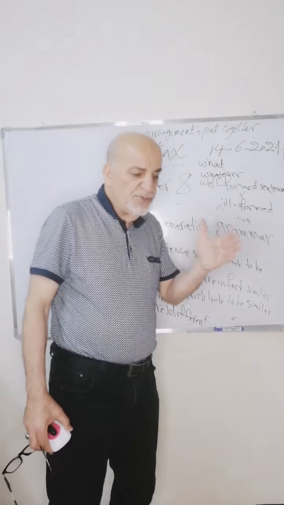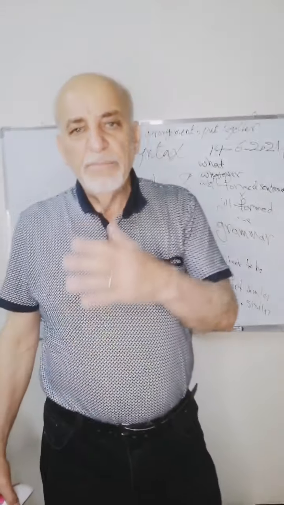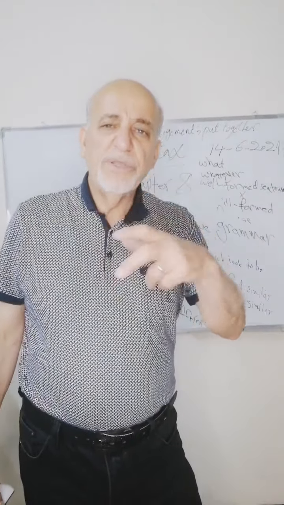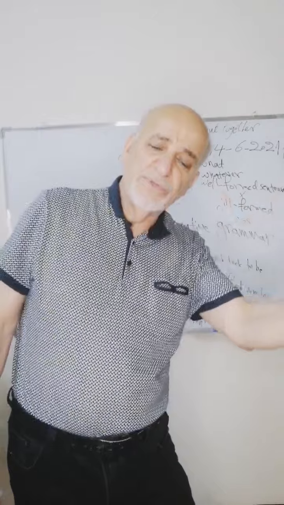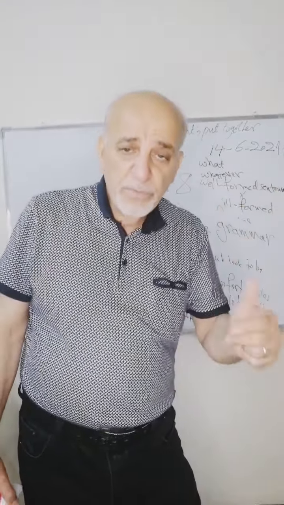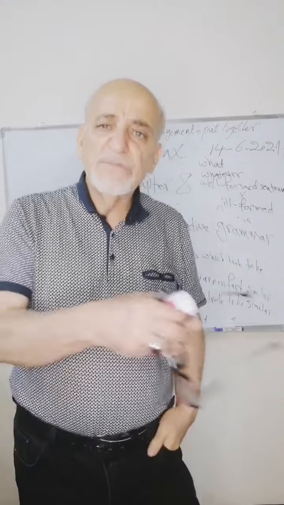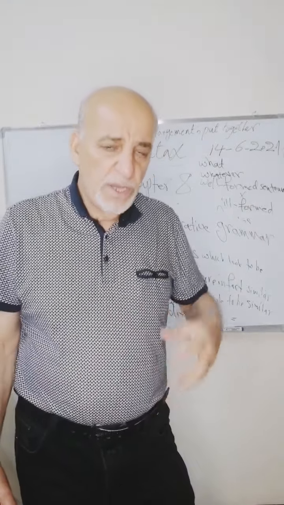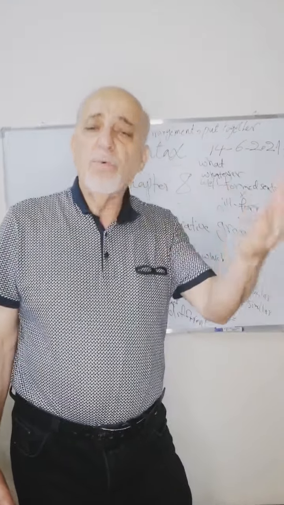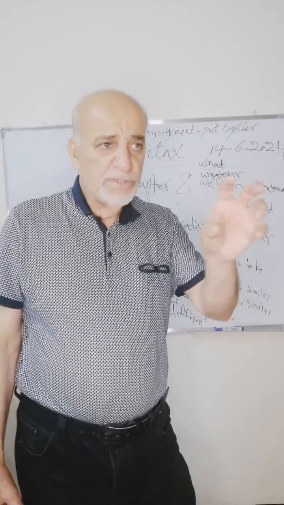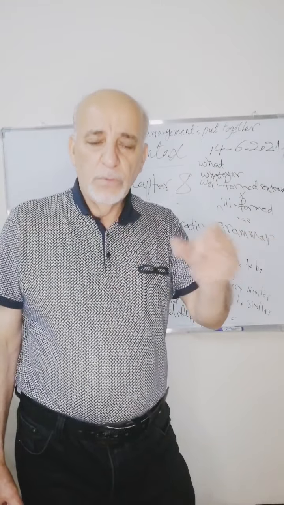When we say John is easy to please, it means someone is going to please John. But when we say John is eager to please, now John himself is going to please what? Others or anyone, not a particular one. Okay?